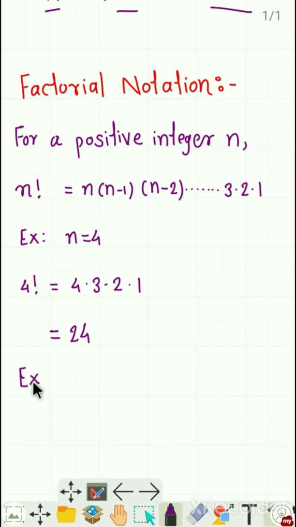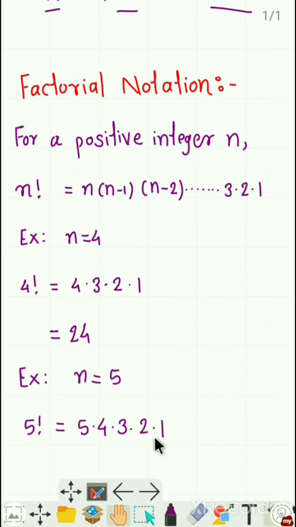If I take n equal to 5, then 5 factorial is 5 into 4 into 3 into 2 into 1.